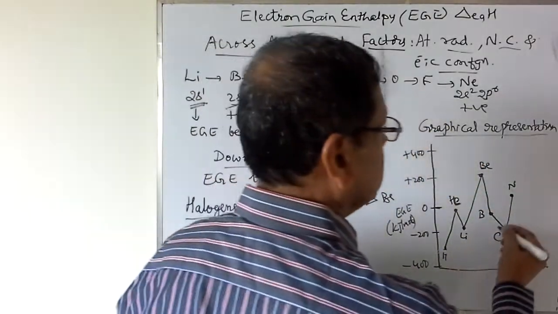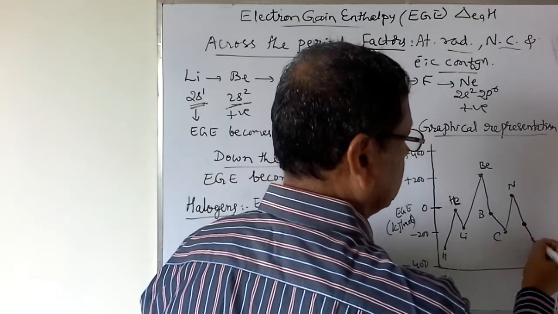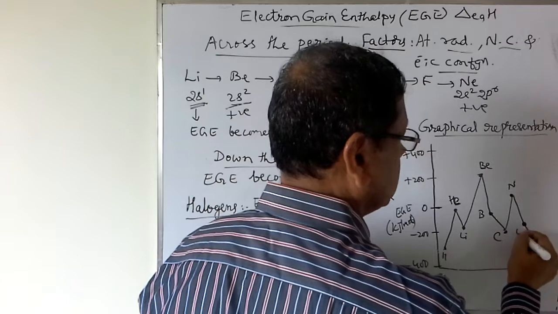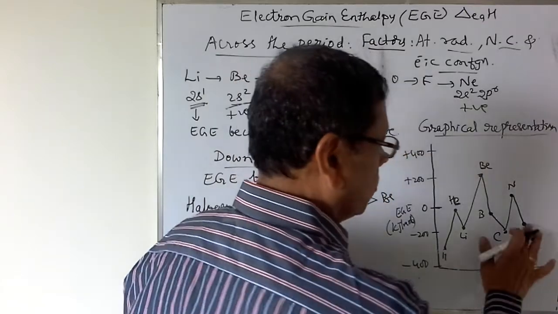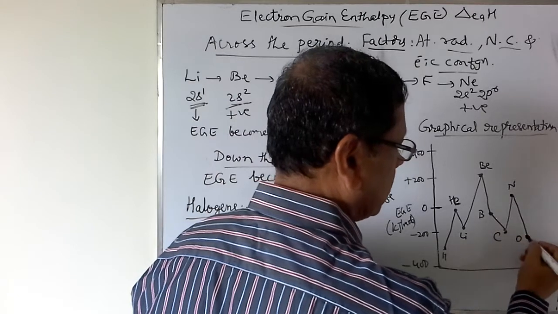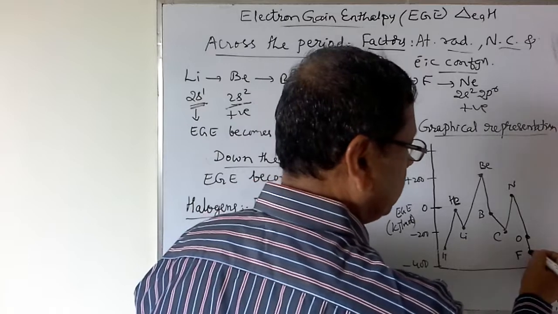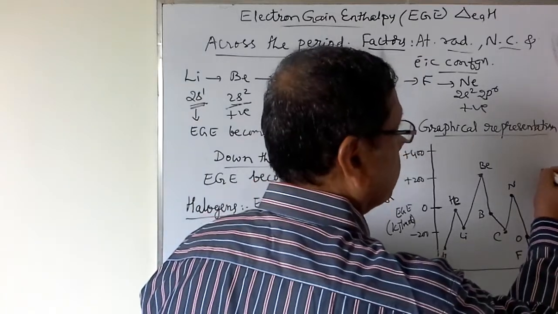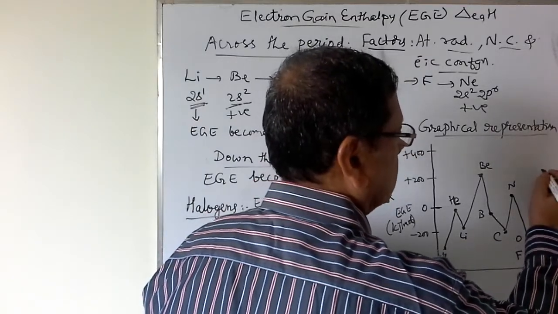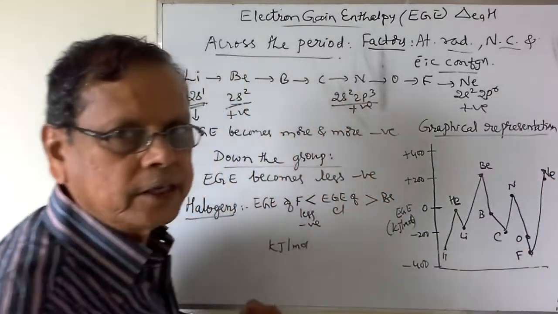From nitrogen to oxygen there is a decrease. From oxygen to fluorine there is a further decrease. This is fluorine, this is oxygen. It is more negative for oxygen as compared to carbon, and again more negative for fluorine. From fluorine to neon there is an increase. This is because neon has a completely filled configuration.